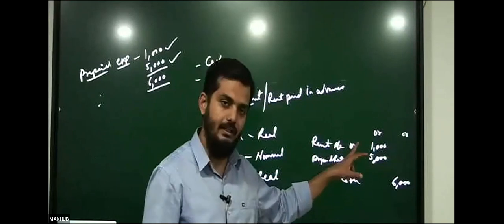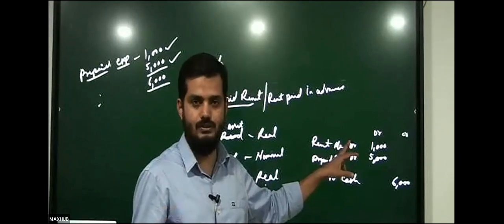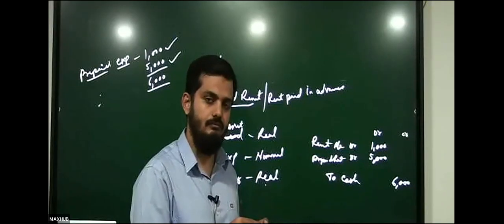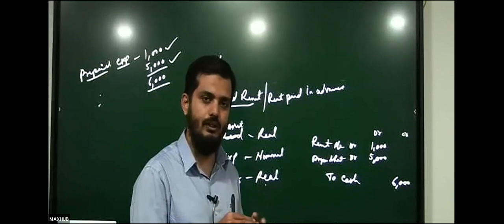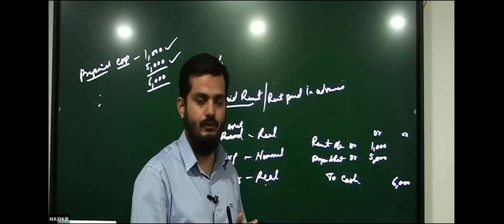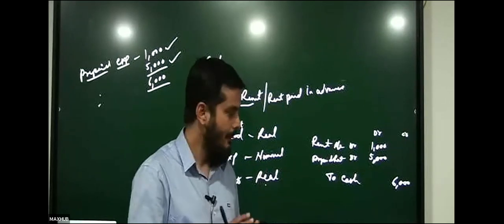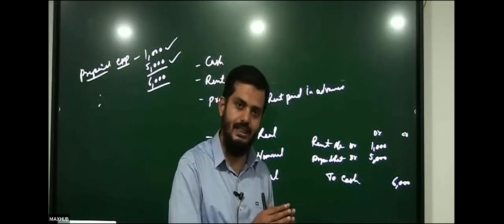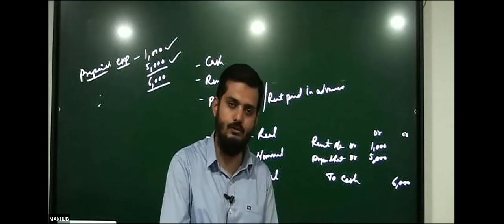Rent account. I told you, right? Because we are following the accrual system and concept. The concept says that for a particular reporting period, income or expense should be shown related to that particular period only. For example, if you are following January to December, then you have to make sure that the income and expense you show are related to those 12 months only.